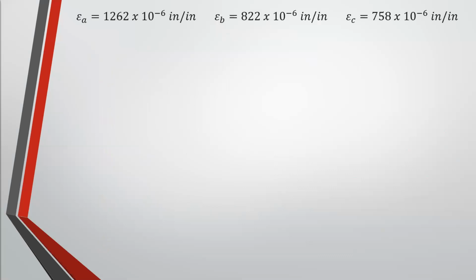So we start off with strain A, strain B, strain C. Strain A is the same as, we'll say, strain X. Strain C is the same as strain Y. So what we really need to find is gamma XY. And who remembers the equation to do that? It's 2 times strain B minus strain A minus strain C. Good.